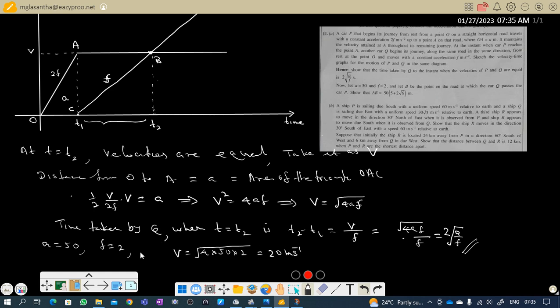Now the next part, you have to find the distance AB. The capital B is the point when their velocities are equal on the road. That is this velocity.